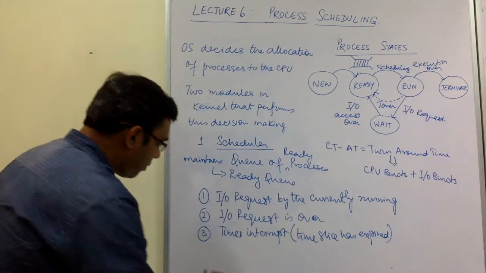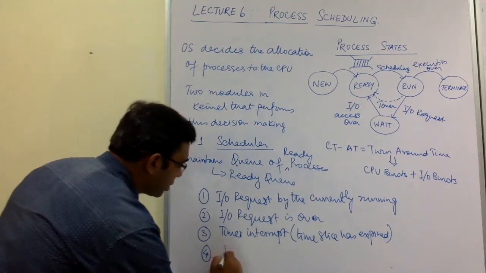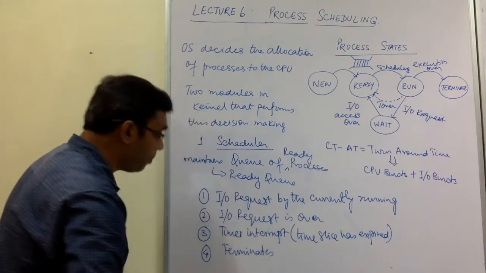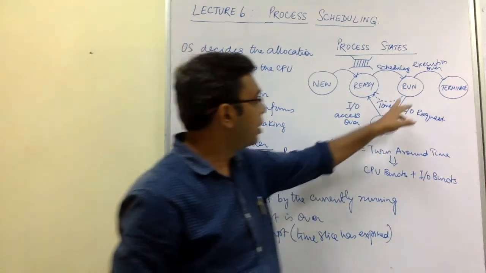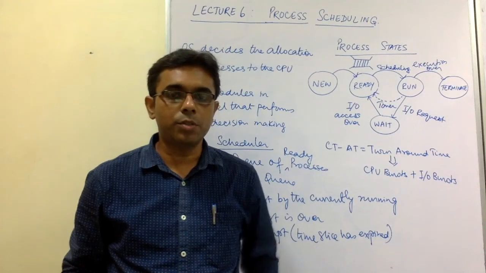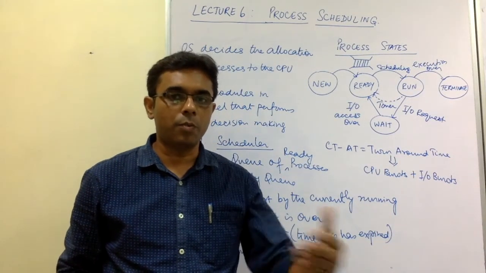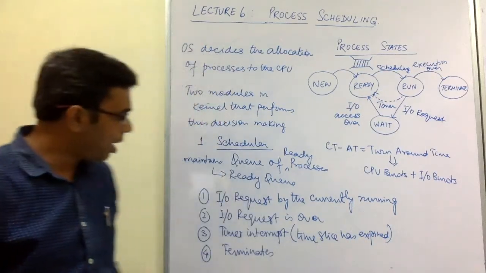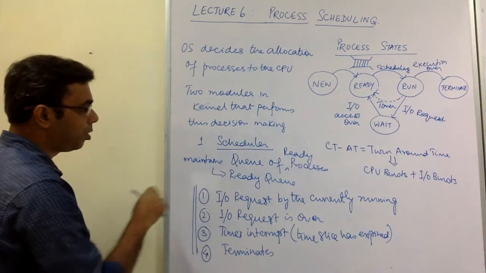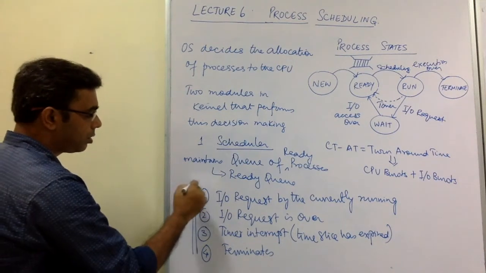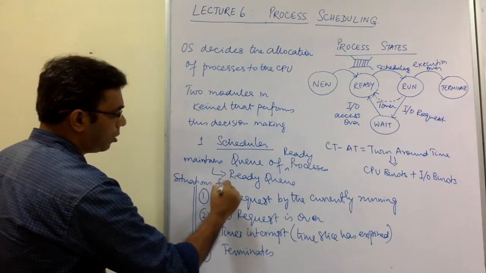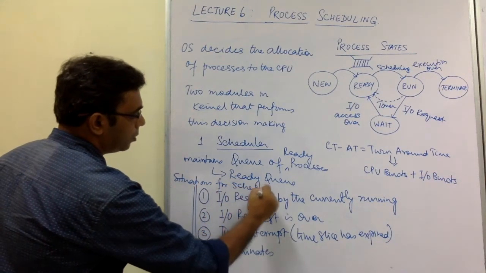And then we have the usual case, that is, a process terminates. So if there was some process which was running and the process terminated, obviously there are other processes which are in the ready queue and one of them should now be given a chance. So these are the situations for scheduling.